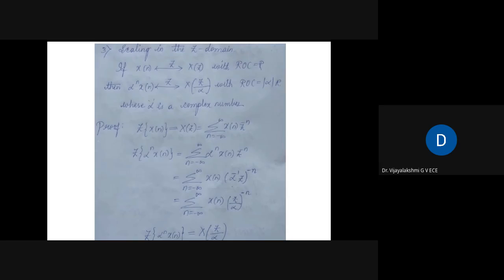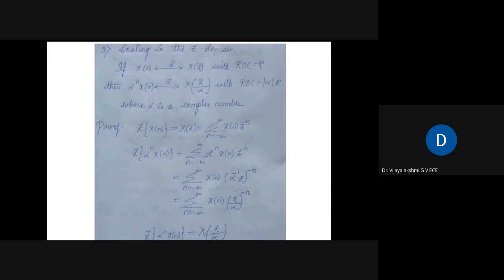Scaling, you all know. Scaling is either you expand or increase the amplitude of the signal, or the time signal you expand or compress. So scaling, either you can do it in the x-axis or in the y-axis. So let us see what is the effect of scaling in the Z domain.